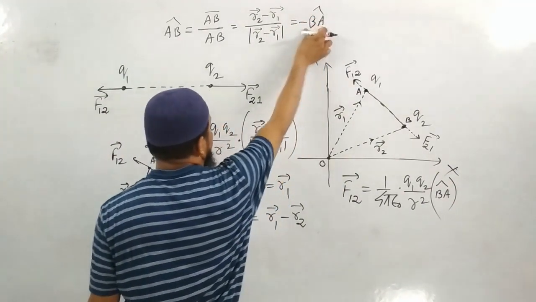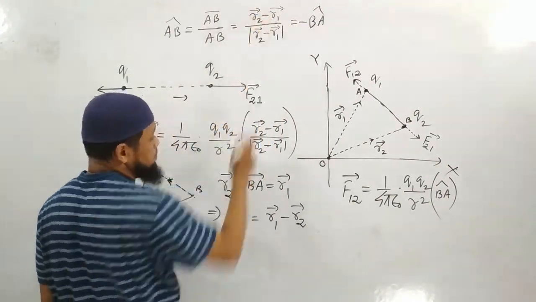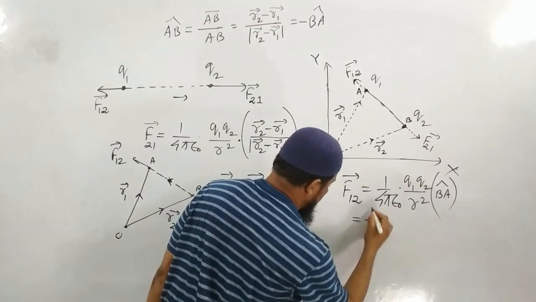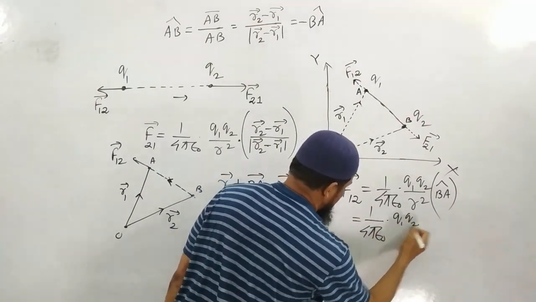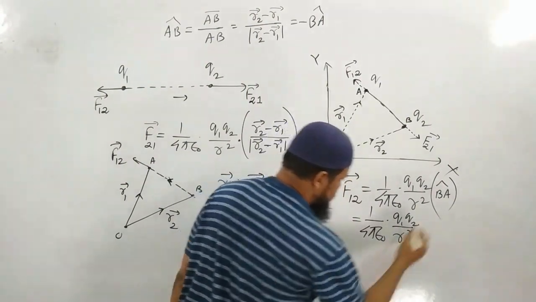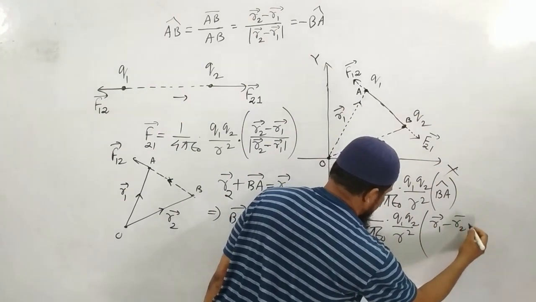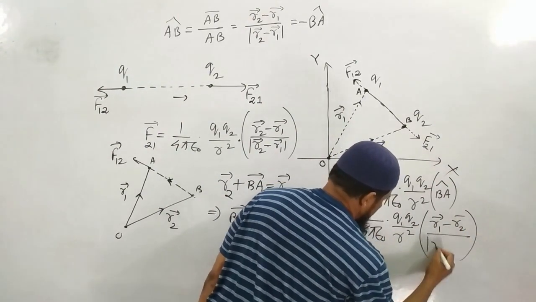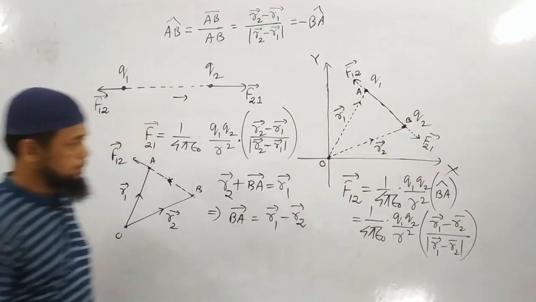So if I have to get BA cap, I bring the negative inside, so R2 bar minus R1 bar becomes R1 bar minus R2 bar. 1 by 4 pi epsilon naught Q1 Q2 divided by R square, times R1 bar minus R2 bar divided by modulus of R1 bar minus R2 bar.